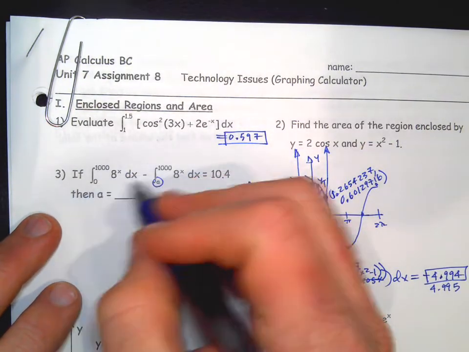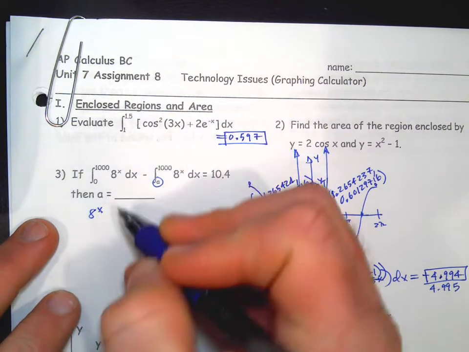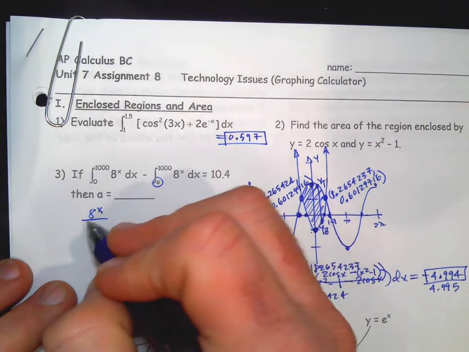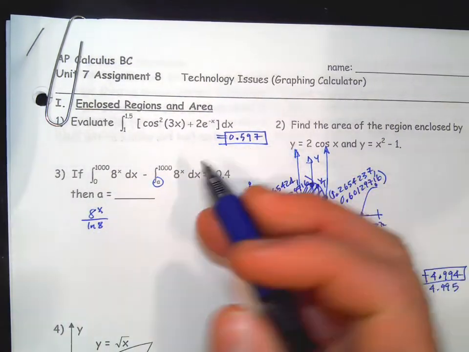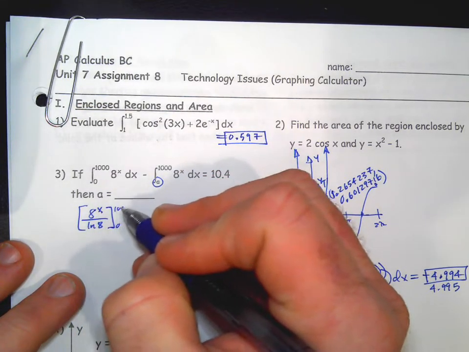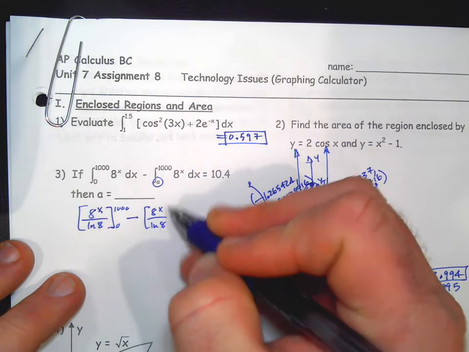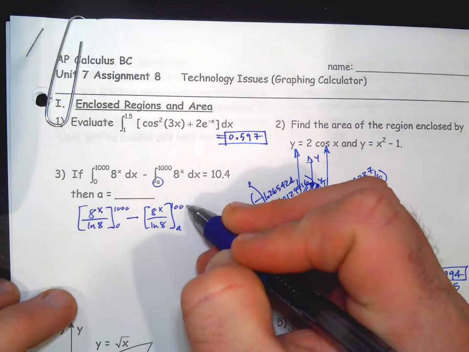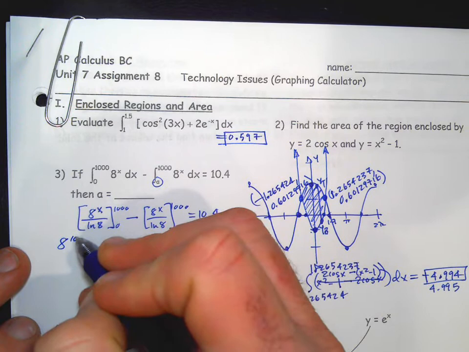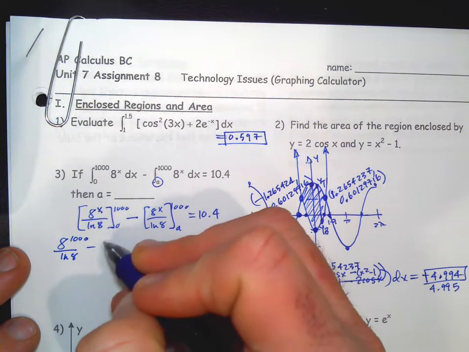This one we could actually integrate and get a number for, but the antiderivative of an exponential is itself, like base e, but then you have to divide by the natural log of the base, because the derivative would have a natural log of the base. So you got to kind of counter it. And it'd be 0 to 1,000 minus same thing, 8 to the x over natural log of 8, A to 1,000 equals 10.4. Plug 1,000 in, 8 to the 1,000 power. Wow. Natural log of 8 minus 8 to the 0.